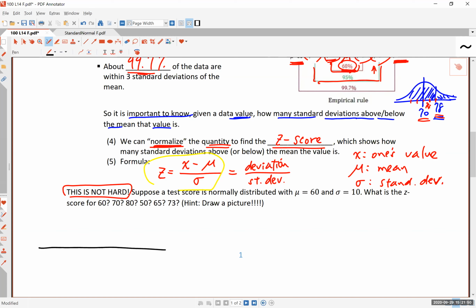So suppose some kind of test score is normally distributed. By the way, lots of things are normally distributed, as I have mentioned many times. For instance, people's weights are normally distributed. If you study things like cholesterol levels or vitamin levels or whatever, these things also tend to be normally distributed.